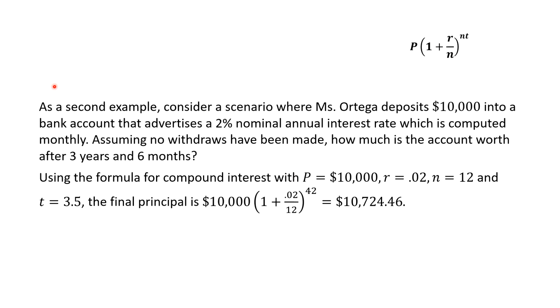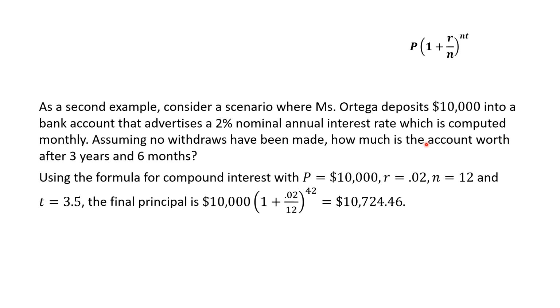Okay, so we have the formula. It's just a matter of identifying what to plug in here. So P is pretty easy. That's the $10,000. R is the nominal annual interest rate, so it's 0.02. Put that in here. Then per year, there's 12 compounding periods, so N is 12.